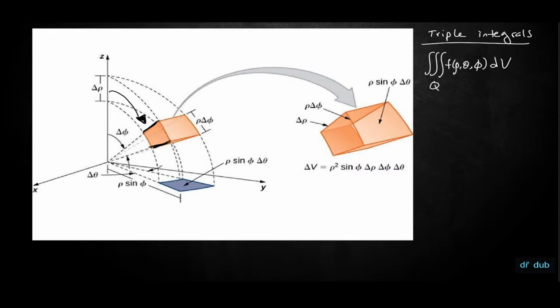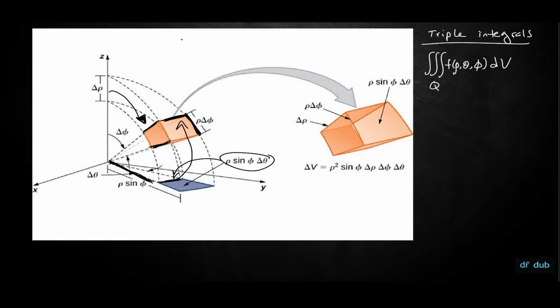And we know this length would be rho sine phi. So this arc length here would be rho sine phi delta theta. And then this arc length here would be rho delta phi. So this arc length we already know is the same as this arc length.